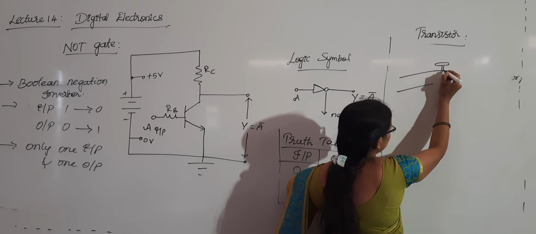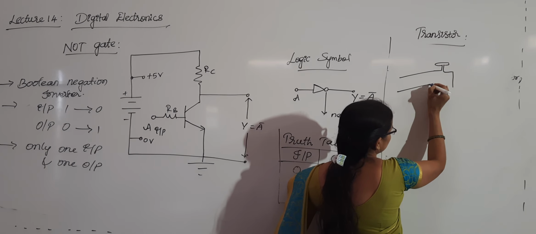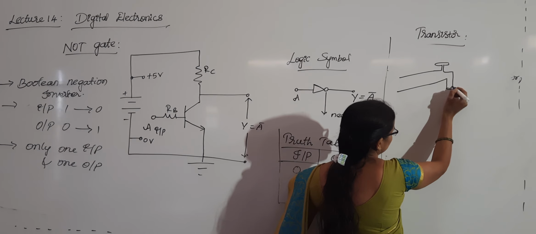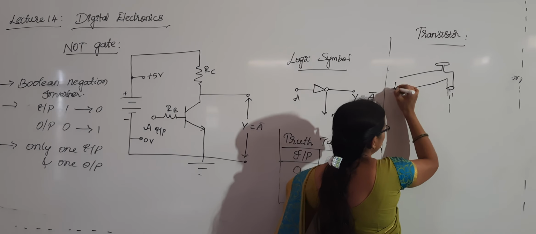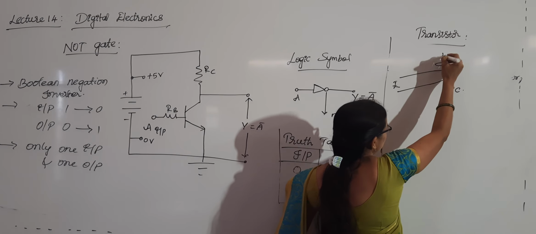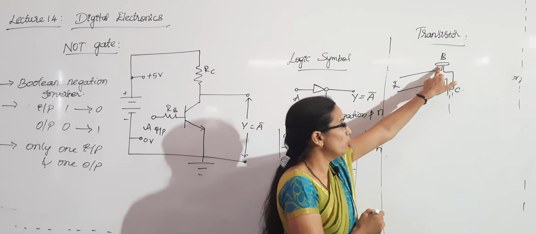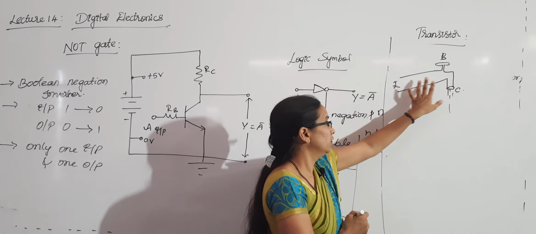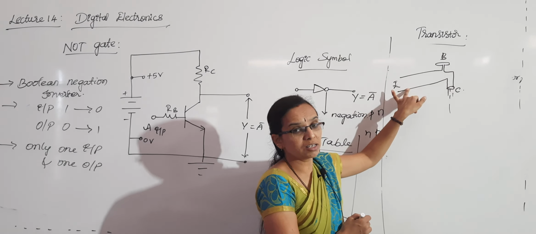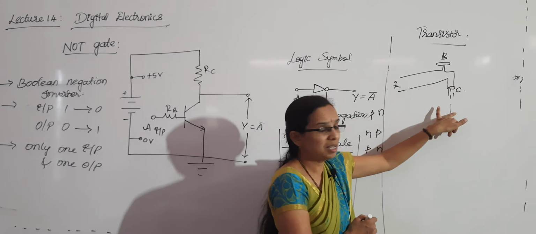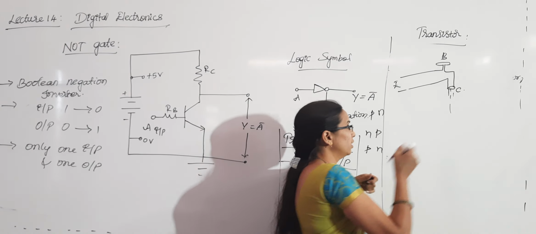You can also analyze this like a tap. This is the emitter, this is the collector, this is the base. If the knob of the tap is closed, then even if the emitter emits, it cannot pass through the base. It blocks it.